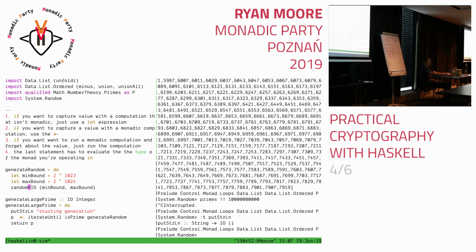And so the compiler here understands that we're in an IO monad because of the random RIO action. And so this is essentially unwrapping it just to wrap it back up again and return it.